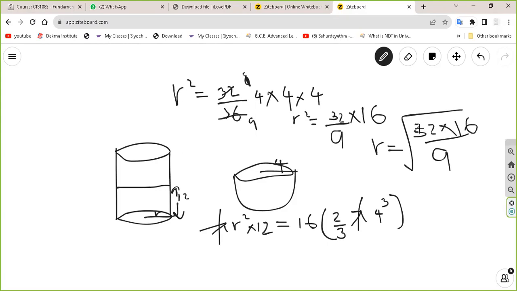So instead of 32, I write it as 16 into 2. Then we can get the answer.